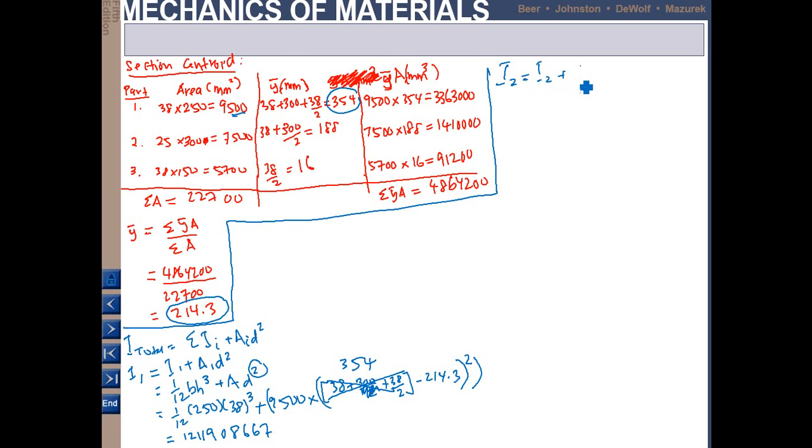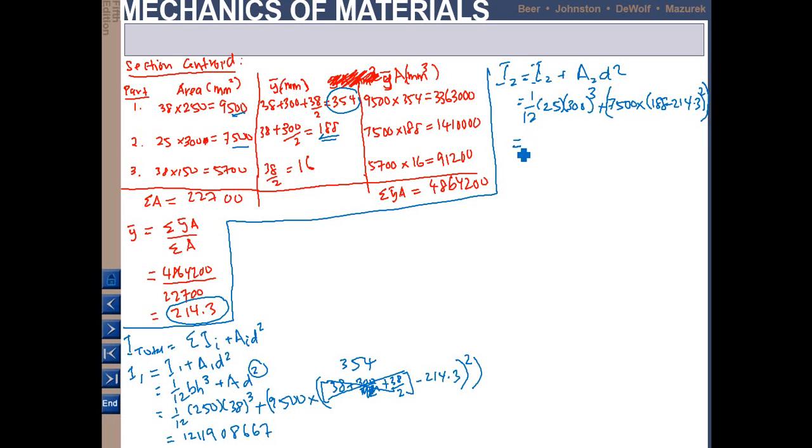And then find I2. I2 is equal to I2 plus A2 D square. So I2 is 1 over 12 B H to the power of 3, in this case B is 25, H is 300, to the power of 3, the area is 7,500, and then D is 188 minus 214.3, squared.